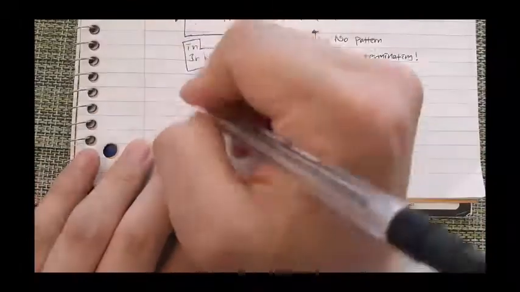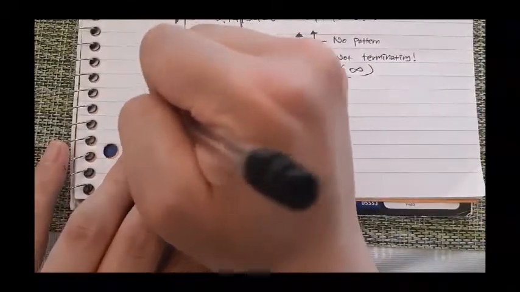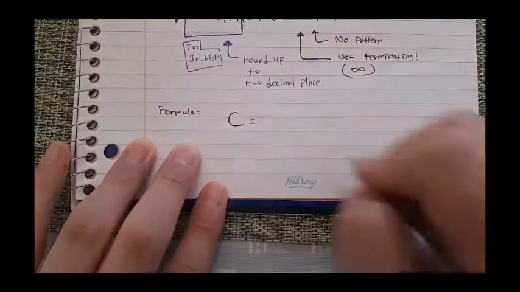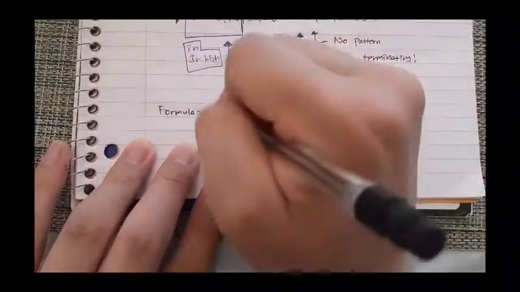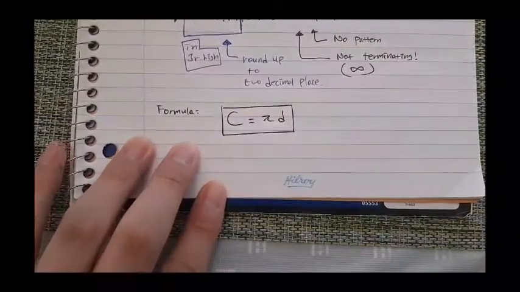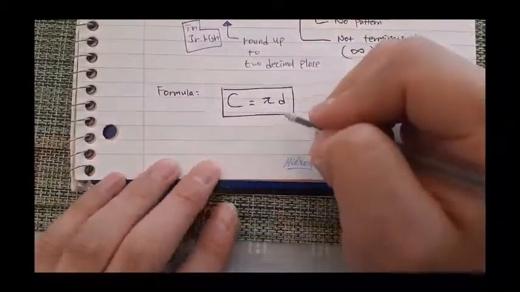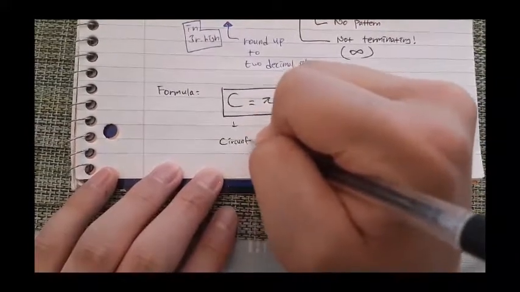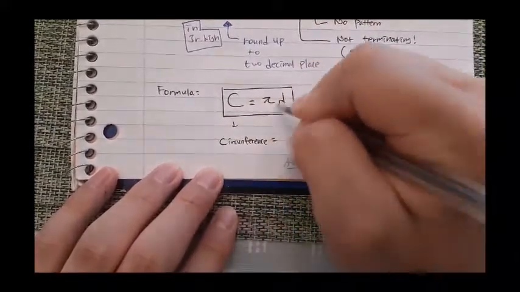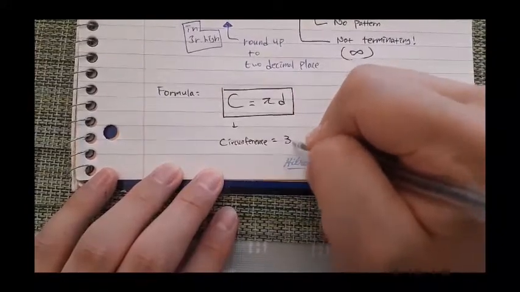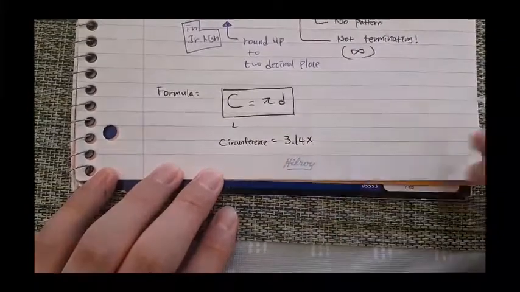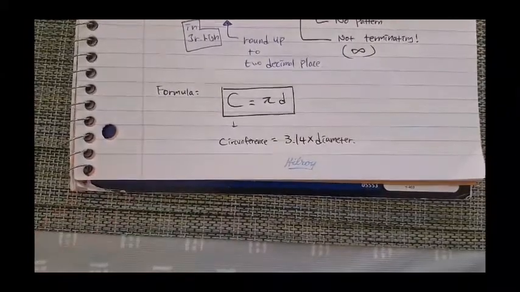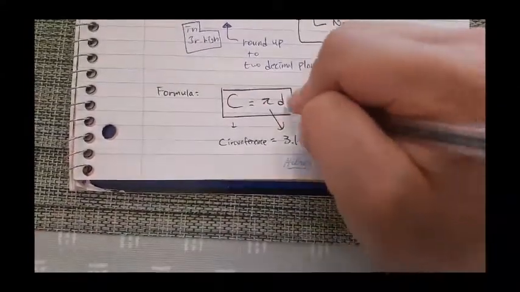Here's your formula to find out circumference. Circumference is equal to pi d. If I interpret it in detail, you will know that circumference is equal to pi, which is 3.14, times diameter.